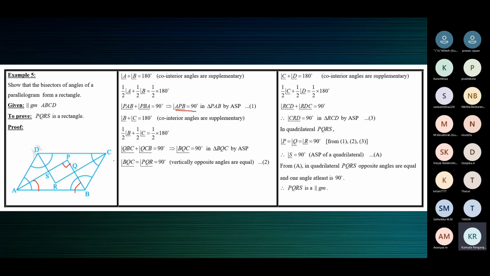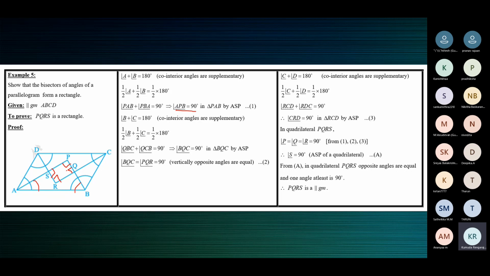So what we are going to do, we are going to prove that angle P is 90, angle Q is 90, angle R is 90, angle S is 90. We're going to prove, because we got one angle 90 degrees, right? Now, if we are trying to prove that PQRS is a quadrilateral, we have to first prove it's a parallelogram. Property used in a quadrilateral, when both pairs of opposite angles are equal, it's a parallelogram.